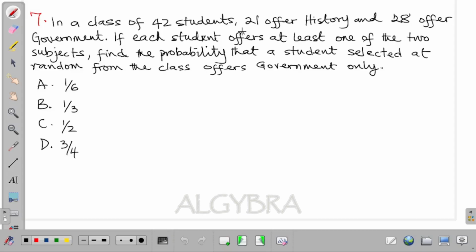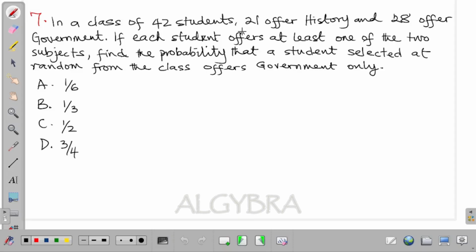If each student offers at least one of the two subjects, find the probability that a student selected at random from the class offers government only. The options are A is 1 over 6, B is 1 over 3, C is 1 over 2, and D is 3 over 4.